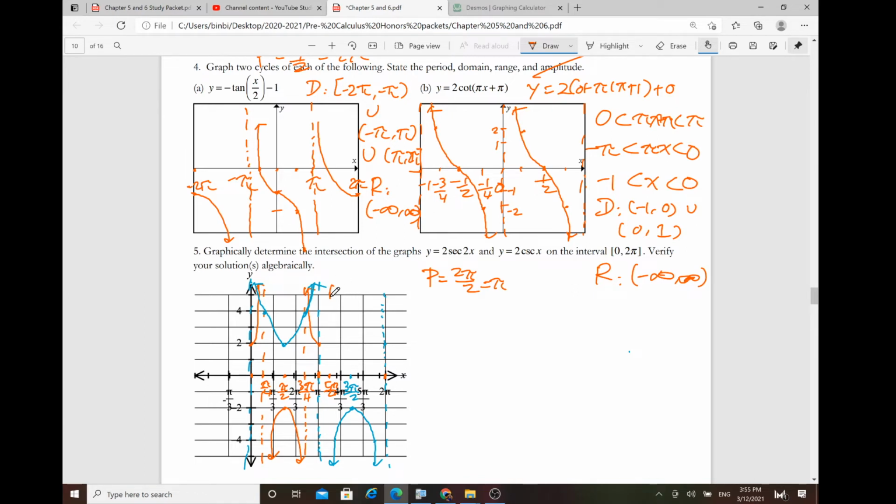Okay, making sure that this one is the one we want. Let's see, hang on a second. 3 pi over 4, pi over 4, 3 pi over 4. No, the next one is supposed to be, okay, 5 pi over 4, that's right.